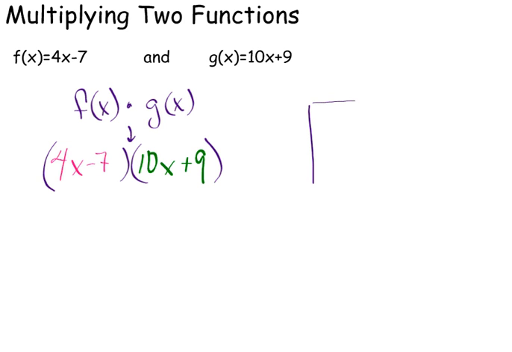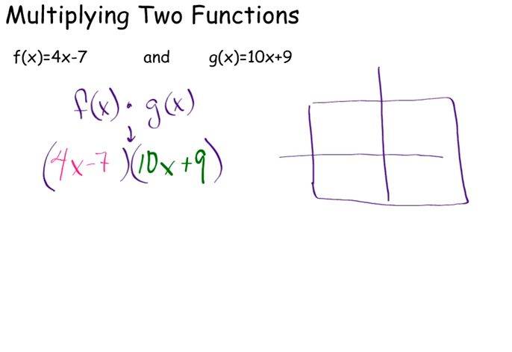I'm going to draw a box. That's why it's called the box method. I'm going to divide my box. I'm going to put Fred on top, so this is 4x, negative 7. I'm going to put Grover on the side, which is 10x, and positive 9.